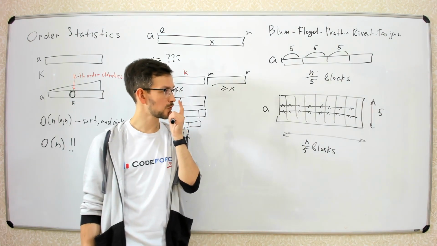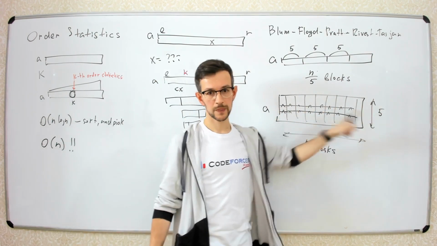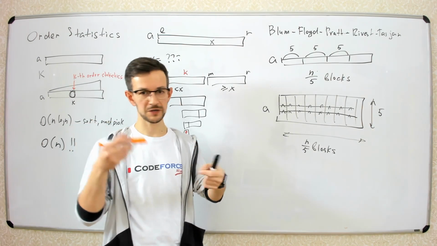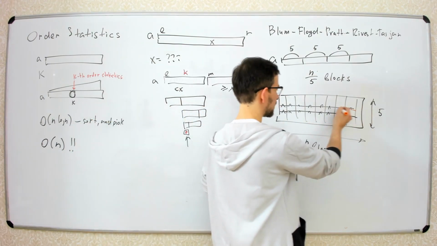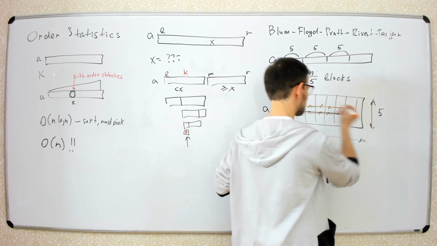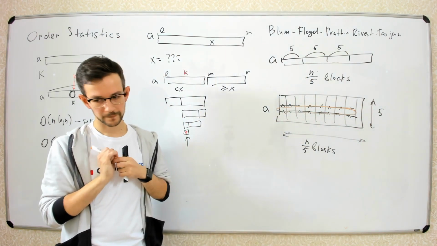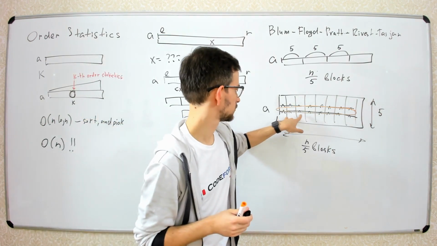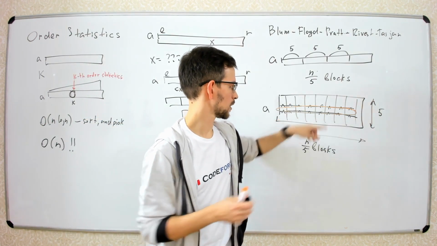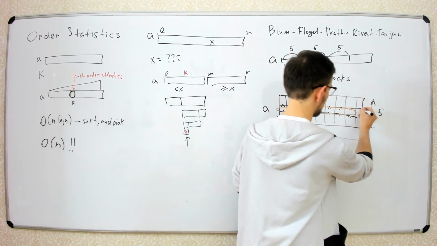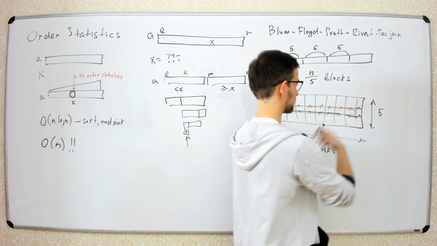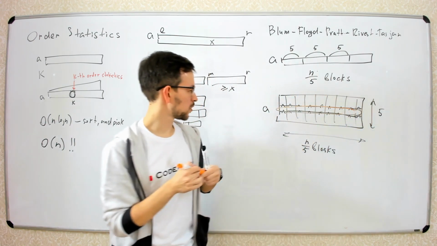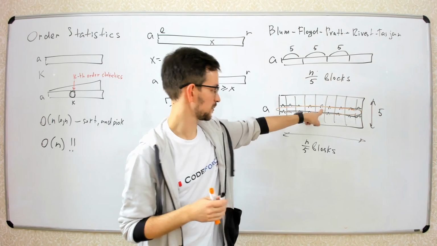And then we'll do the following. We'll take these median elements from each block and find the median of all medians. So we'll take these elements and find the median of these elements. Let's have 9 blocks. If we have 9 blocks, we need to find this element.